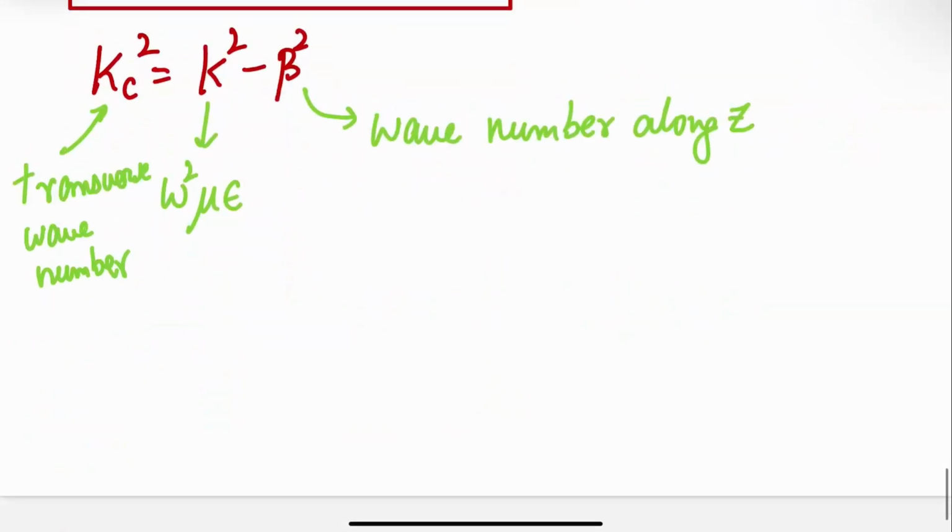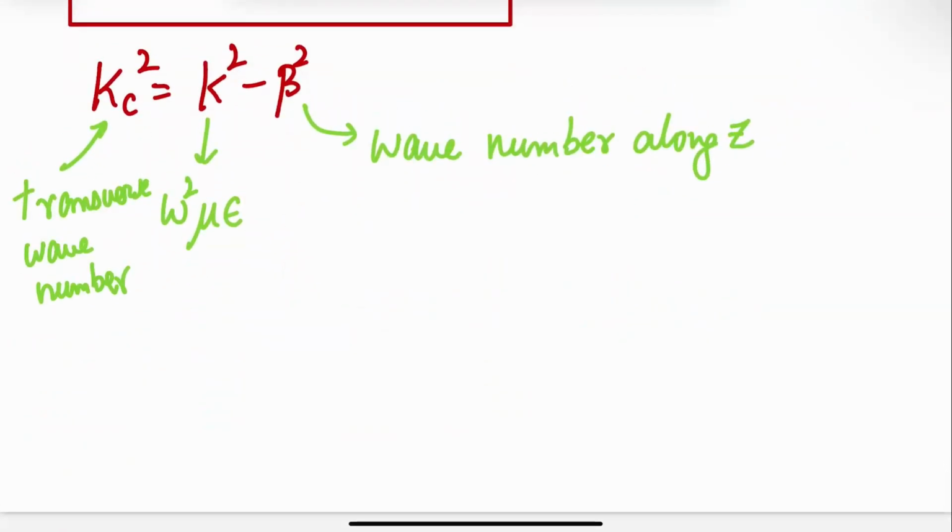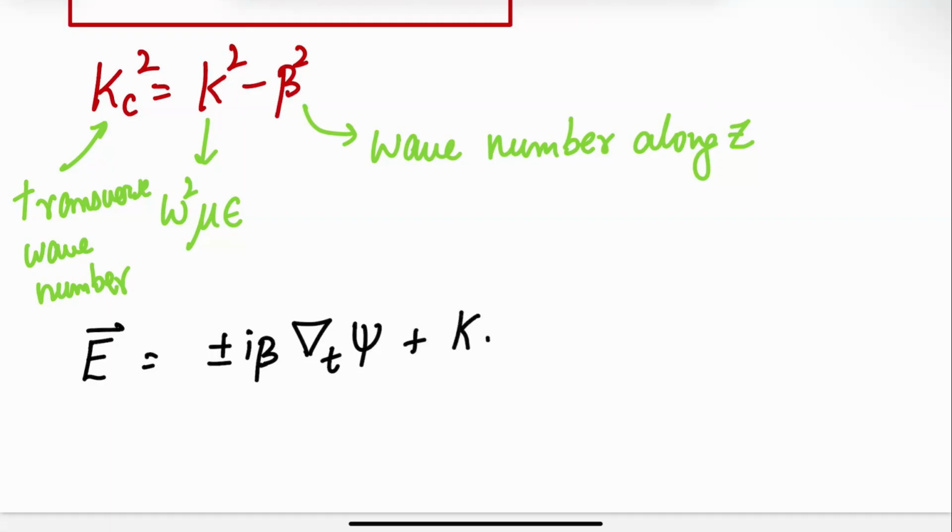Given psi, once we solve this wave equation for certain boundary conditions, which we'll see based on different waveguides, then we can get E and H directly from it, which are given by E equal to plus or minus I beta gradient of psi plus kc square psi z hat, multiplied by e to the plus or minus I beta z.